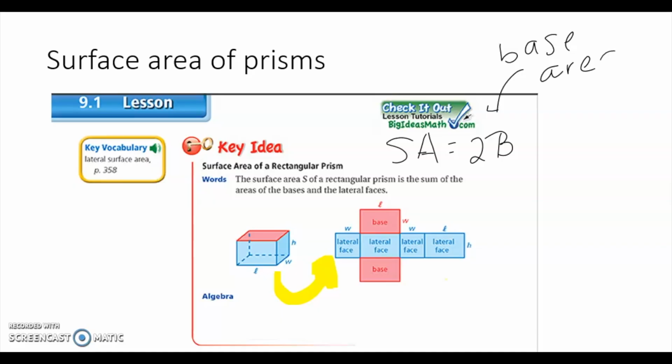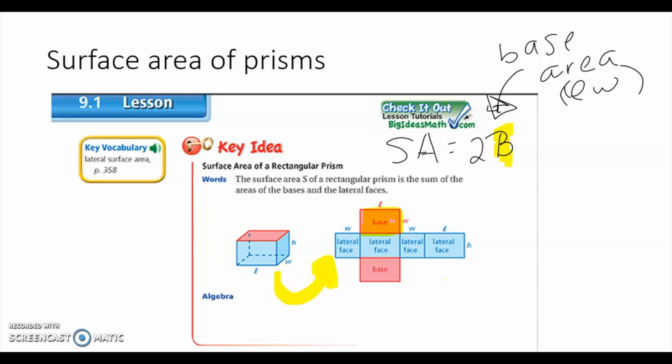So we use a capital B for base area. So this capital B means area of the base shape. So that means I'd actually take this rectangle here, the red one, and I would find its area by doing length times width. And then I would plug it into my formula and multiply it by 2, because there's one on the top and one on the bottom.